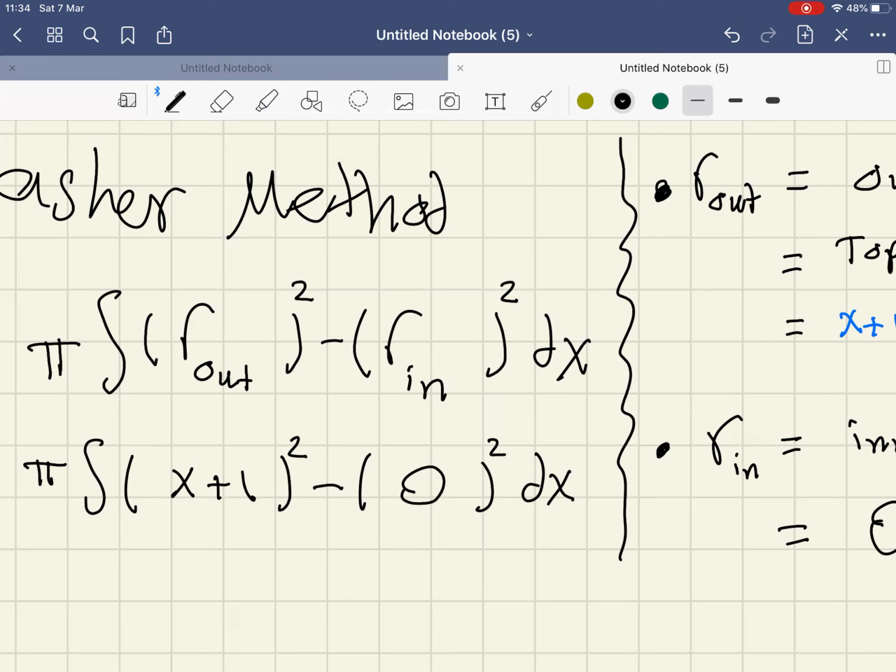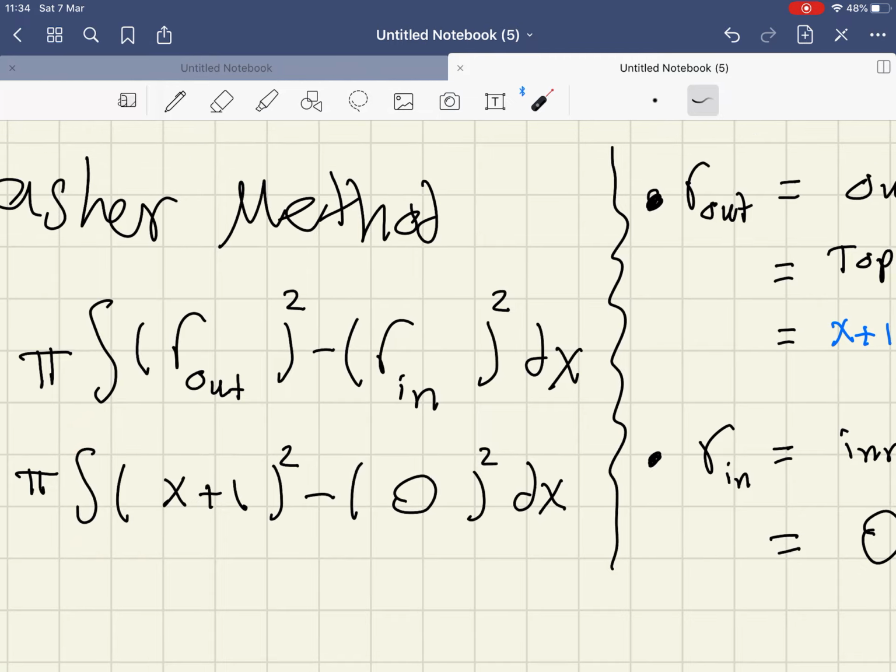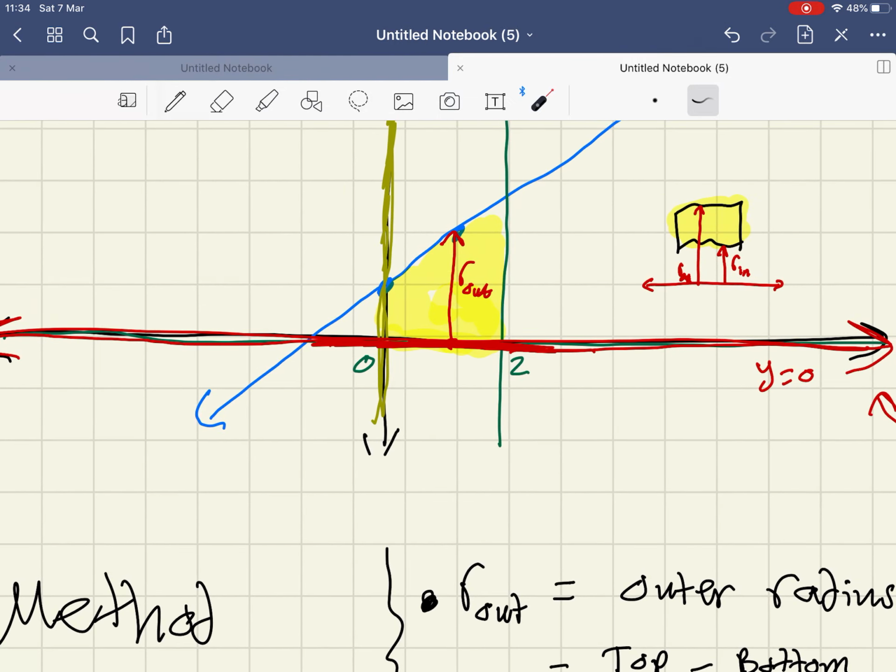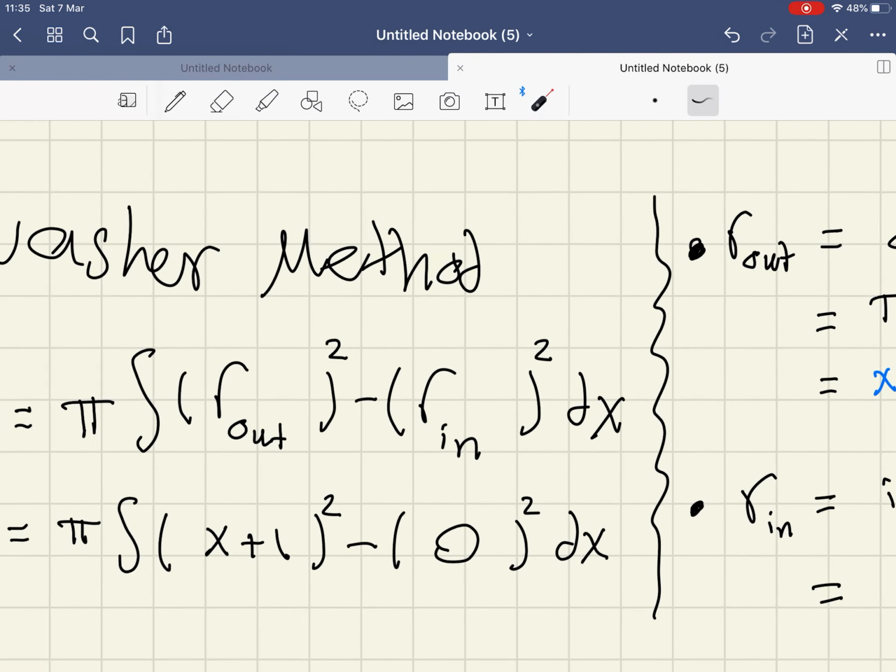Now, there is only one thing left for us, which is to find from where to where. And for that we have to look at our region. If you look at R out, if you move it maximum to the left, we reach 0. If we move it maximum to the right, we will reach 2. So this one should be from 0 to 2.